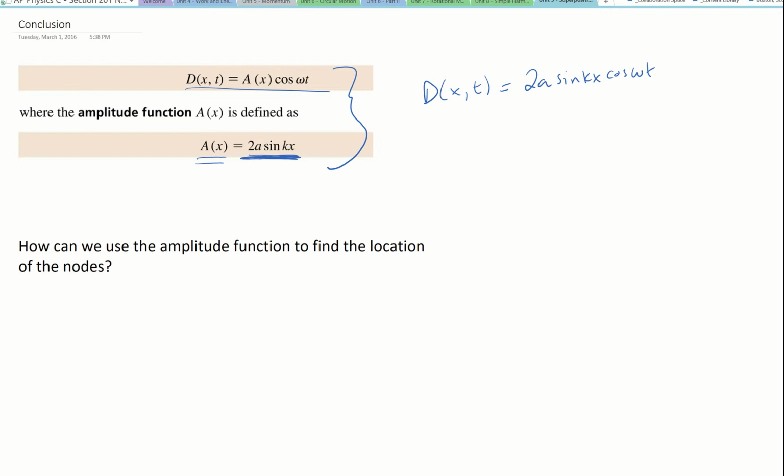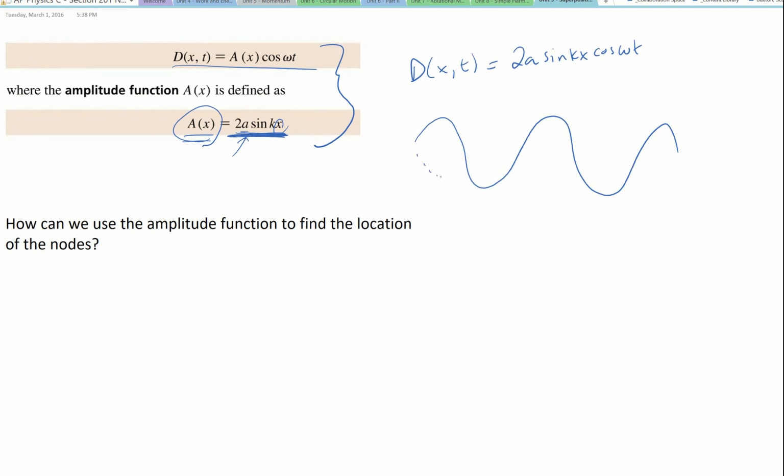The big thing to walk away with is to realize that the amplitude, a of x, is going to depend on the amplitude of each wave, but it's also going to depend on what position we're looking at. That makes sense because we're forming a standing wave, and a standing wave has antinodes and nodes.